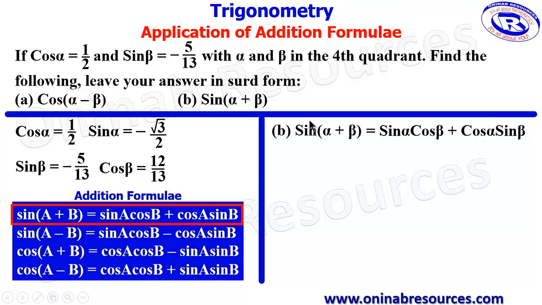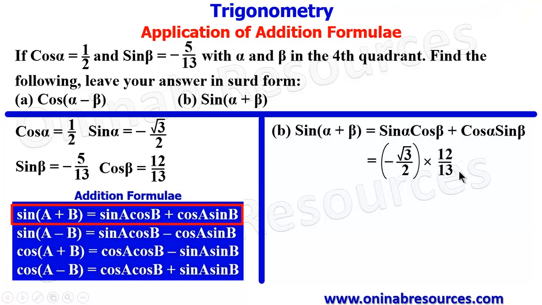We substitute again. Sine alpha is still negative root 3 over 2. And cos beta is 12 over 13. So we are multiplying by 12 over 13 plus cos alpha. Cos alpha is 1 over 2. I have 1 over 2 times sine beta. Sine beta is negative 5 over 13.